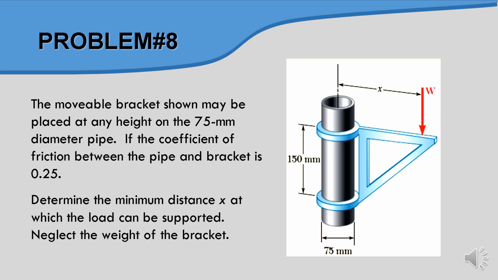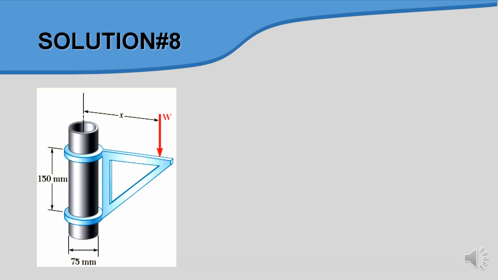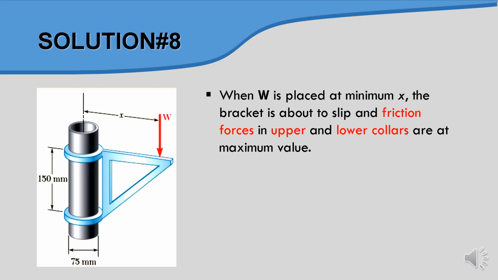So the first thing we need to do is produce a free body diagram. We have two frictions produced here, from the upper and from the lower collar, at the maximum value of friction.